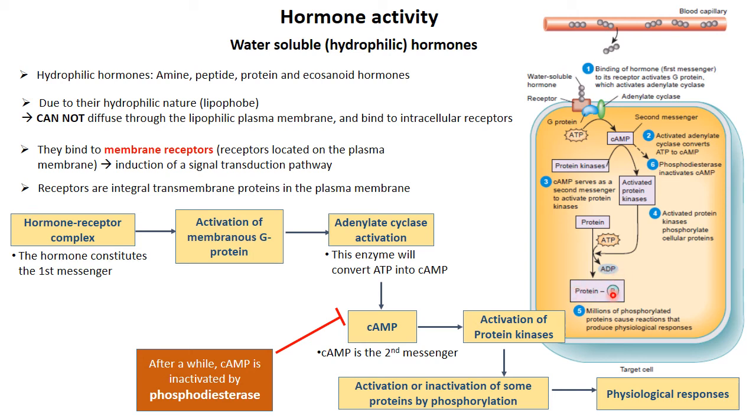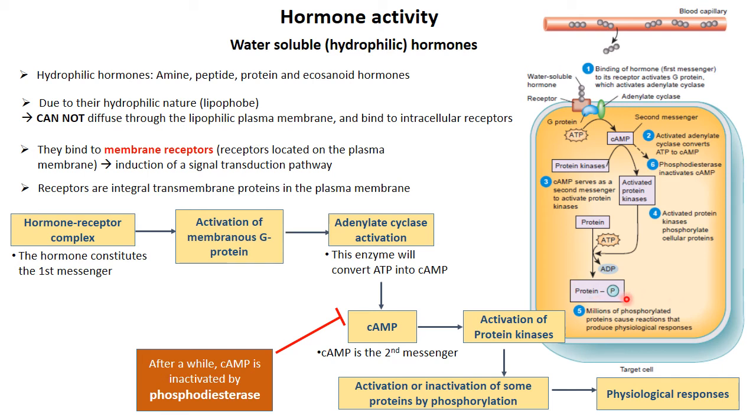In this way, we will have phosphorylated and activated proteins or enzymes that can induce many reactions in the cell, and this will lead to many physiological responses following the activation of those enzymes.